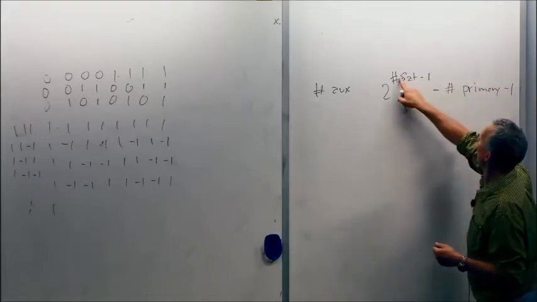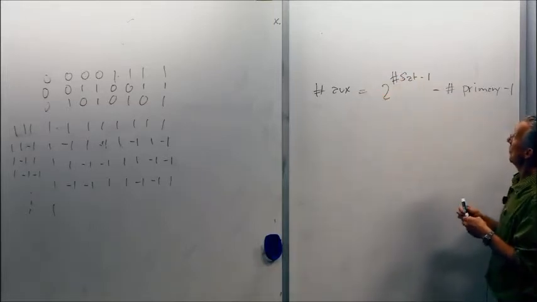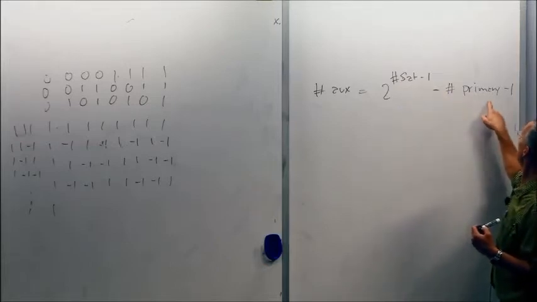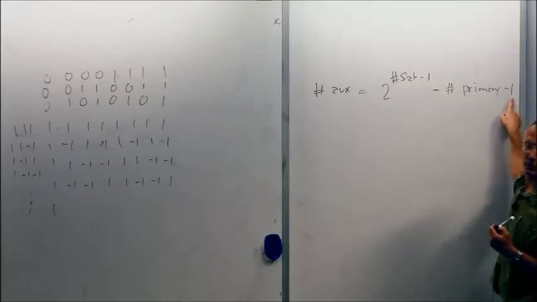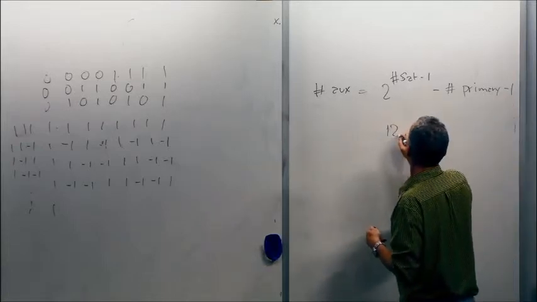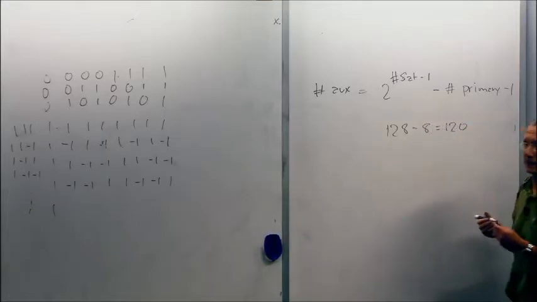If you look at the number of auxiliary variables, then in fact it was 2 to the number of satisfying assignments minus 1, minus the number of primary variables that we had minus 1. This is the constant we also have. Which in our case is 128 minus 8, which is 120.